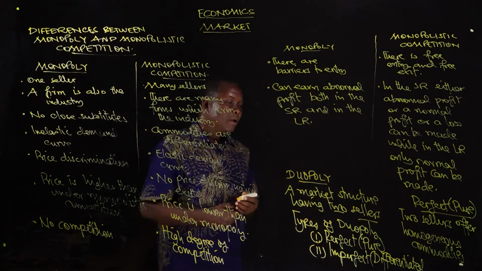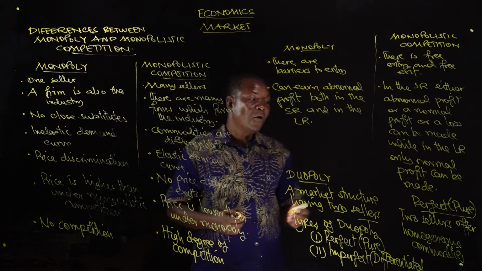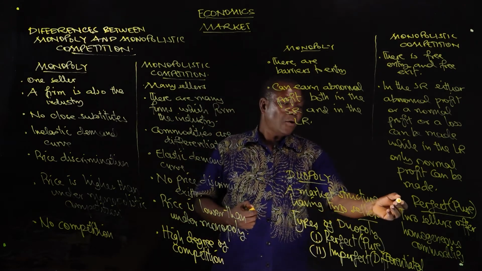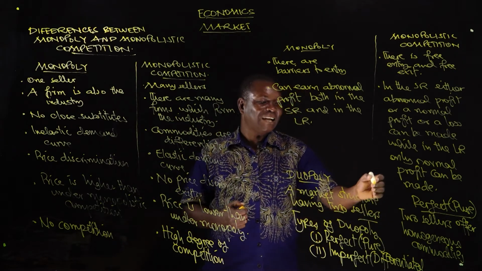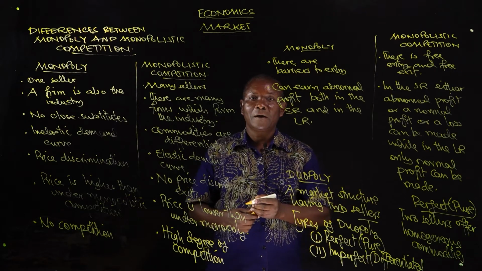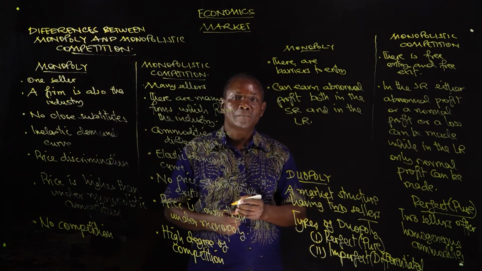When two sellers supply or offer or provide homogeneous commodities, we call that pure or perfect duopoly. Dear students, I've said shortly that we have two kinds of duopoly, perfect and imperfect.